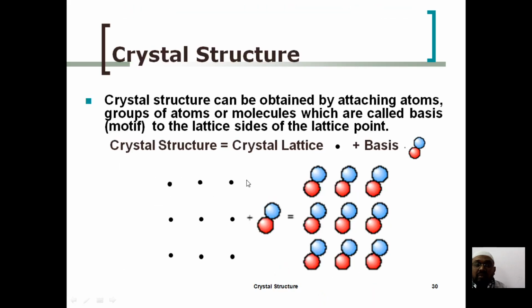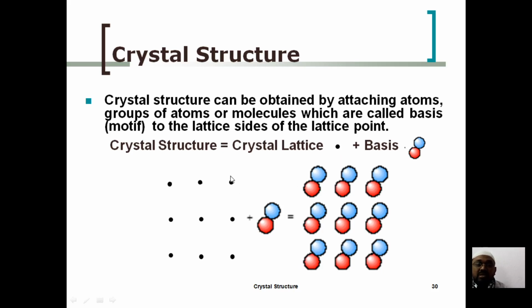Now, going to the next aspect, we first need to know what the crystal structure is. For crystal structure, we take the crystal lattice and basis and combine them. We understood what the crystal lattice is; what is the meaning of basis?